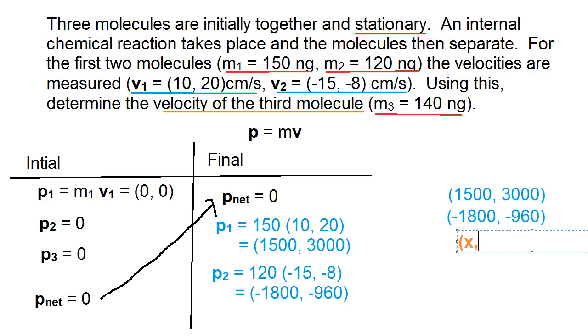It has an x part and a y part. So let's just space these out so they line up. Altogether, these have to equal 0. 0 on both the x and the y. Kind of like so.